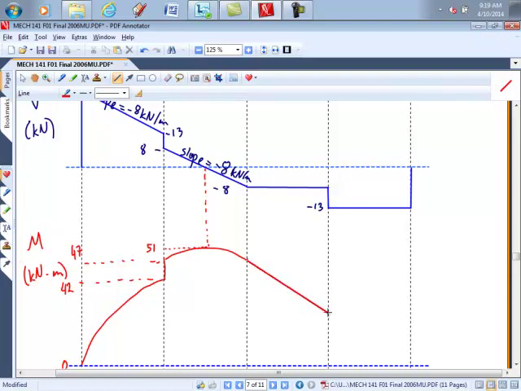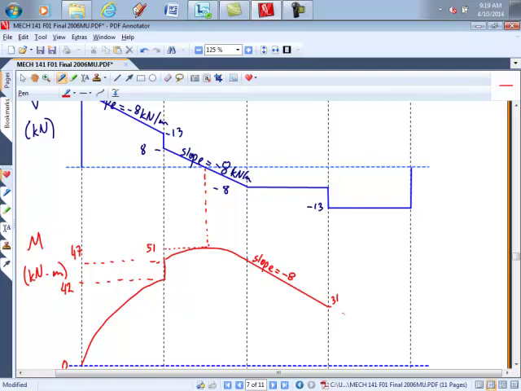So something kind of like that. And this value is 31.